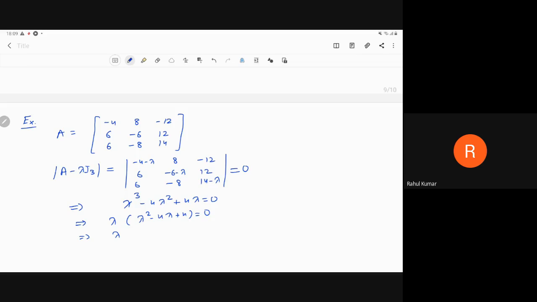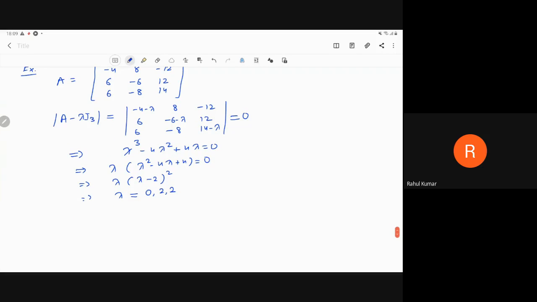Further also you can write it like this, it is whole square of lambda minus 2. So because it is a cubic equation, you are getting 3 roots: 0, 2, 2. 2 is repeating. Got it? Okay, some of you have already got it. 0, 2, 2. Very good.